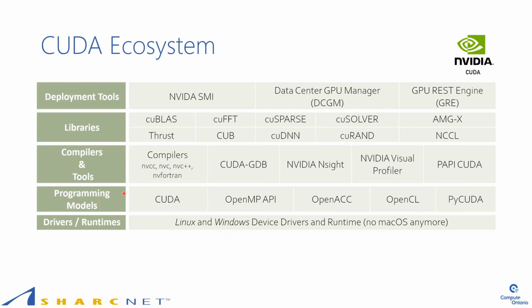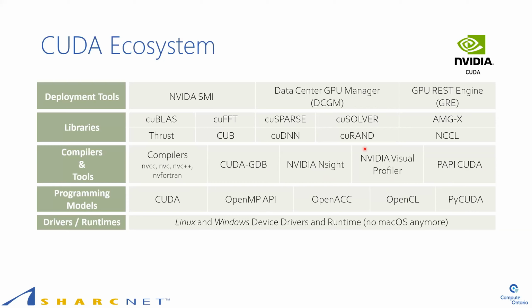The programming models supported by CUDA are obviously CUDA and also OpenMP, OpenACC, OpenCL, and recently PyCUDA. There are different compilers, mainly C, C++, and Fortran, and also the CUDA version of the GDB debugger, NVIDIA Insight, Visual Profiler, and also some performance counters like PAPI CUDA.